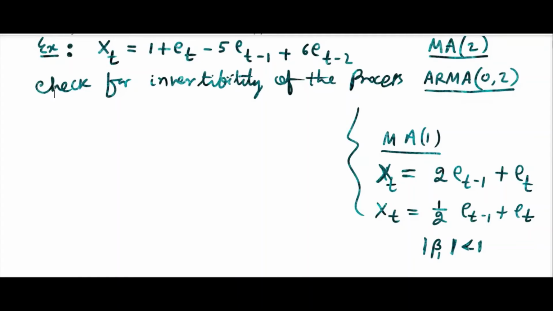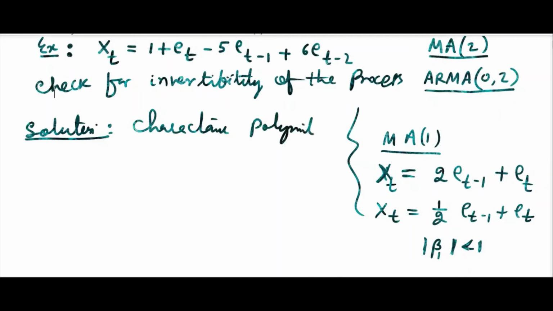It's similar to the AR process, so I'm not repeating it once again. We'll do it this way. We'll write the characteristic polynomial. What is that?